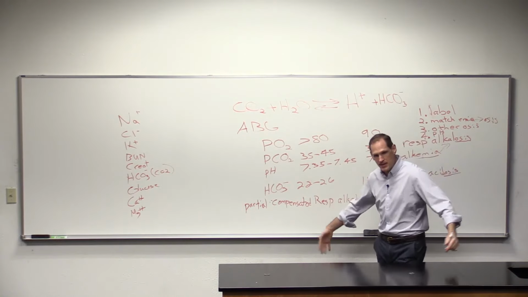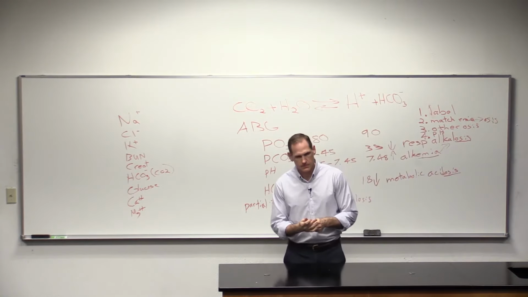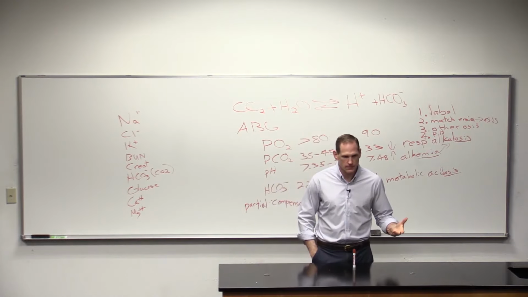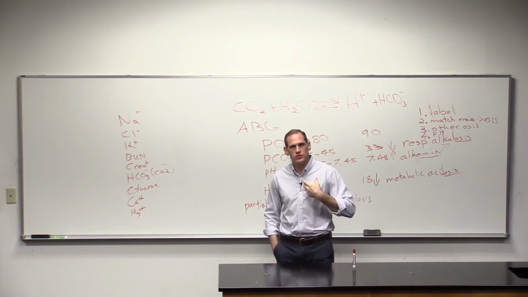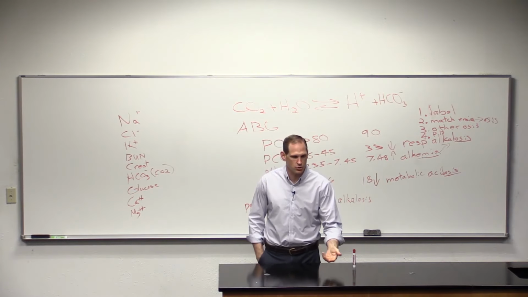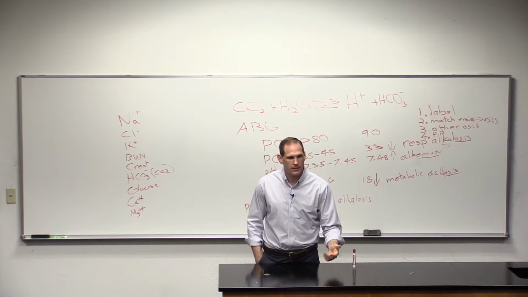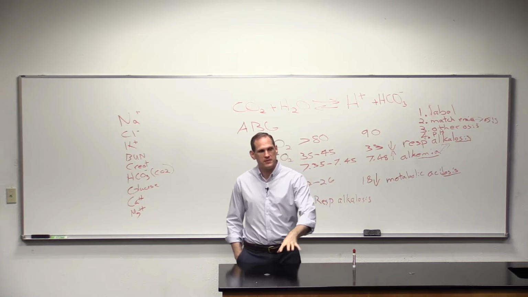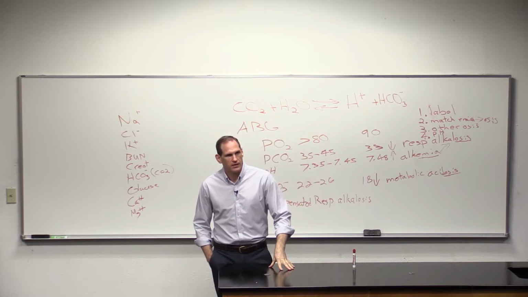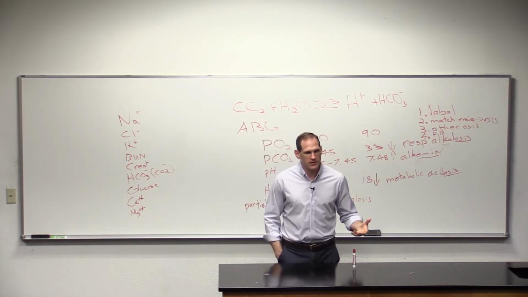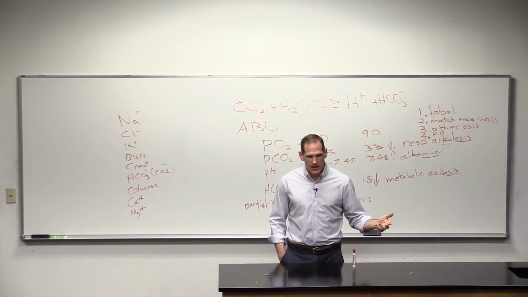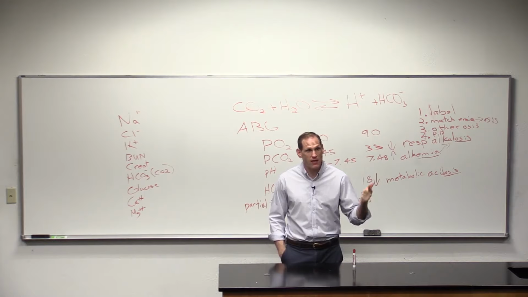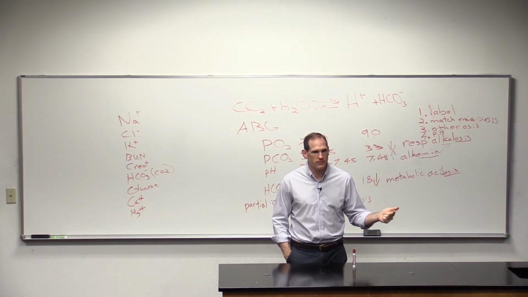So what does that mean for our patient? Our patient has some condition that is causing them to breathe out more carbon dioxide than usual. That, in turn, is being compensated for by your kidneys. Now, one thing we need to know about kidneys versus lungs. Lungs can change instantly. If you hold your breath, how long does it take before you start feeling it?